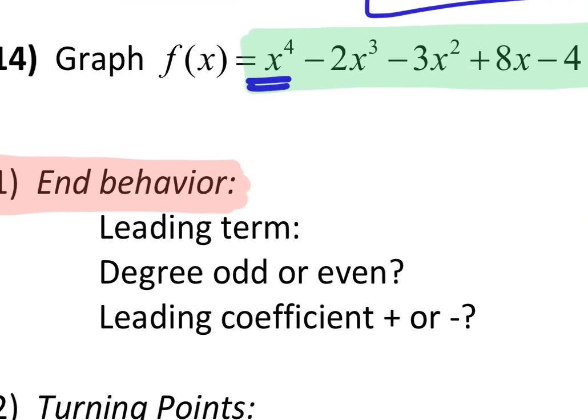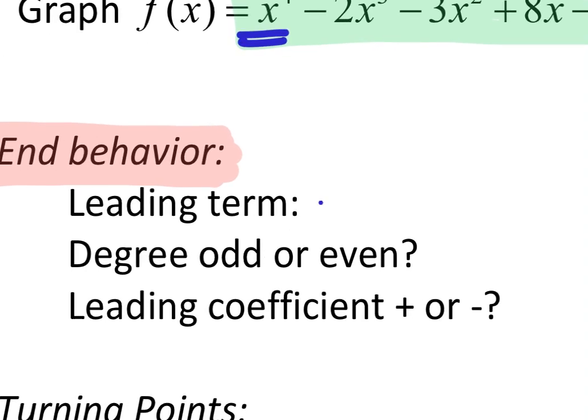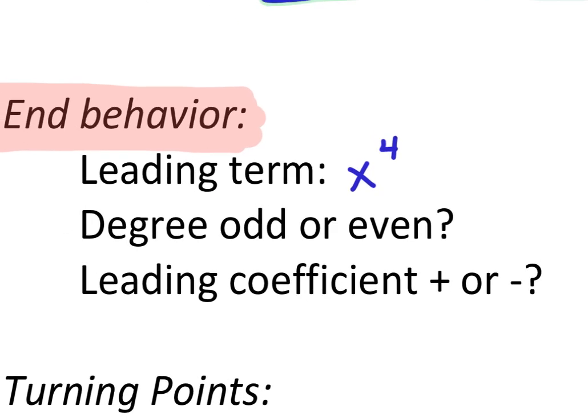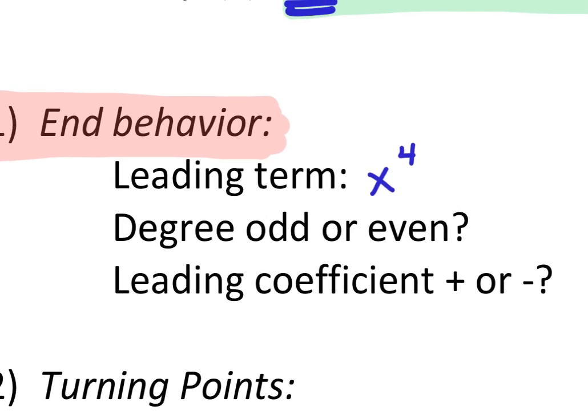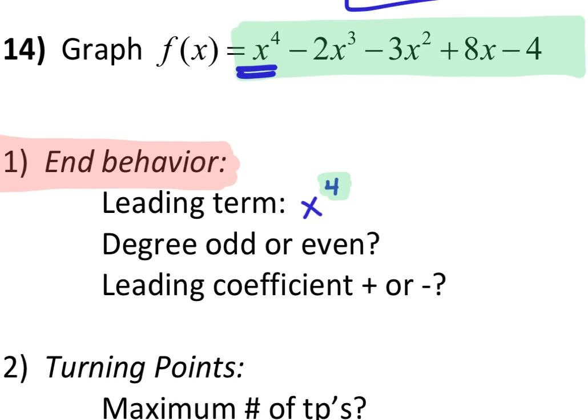I want the coefficient, which is 1 here, and the x and the exponent on it. So your leading term is 1 times x to the 4th, and the degree of that is the highest exponent, that 4. So the degree is 4, the degree is even, and the leading coefficient is the thing that I didn't write, which is the 1 right there.